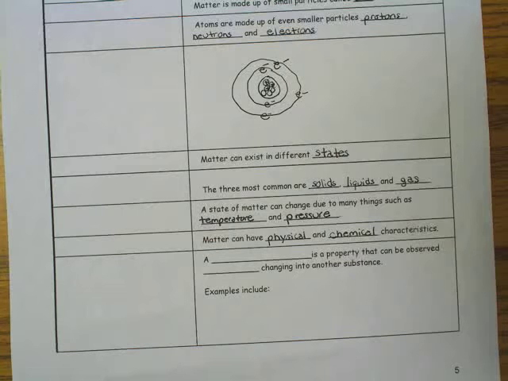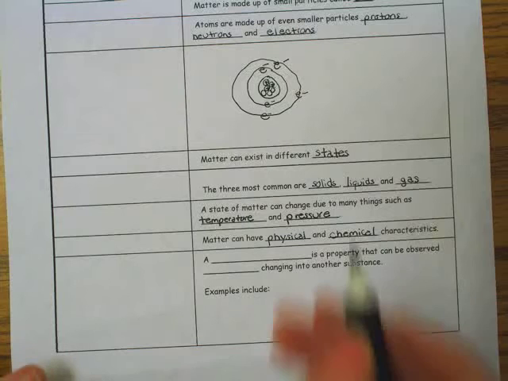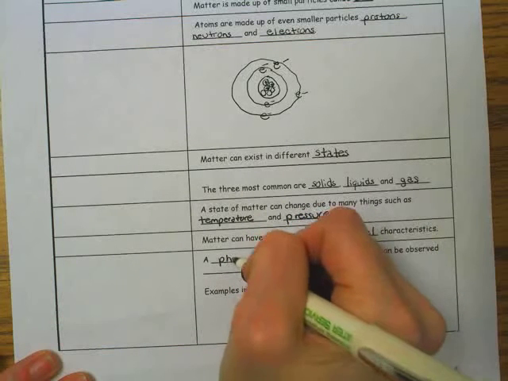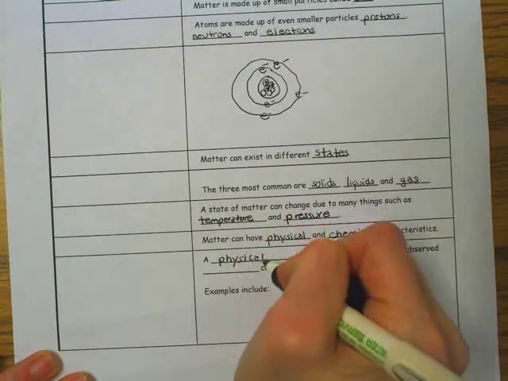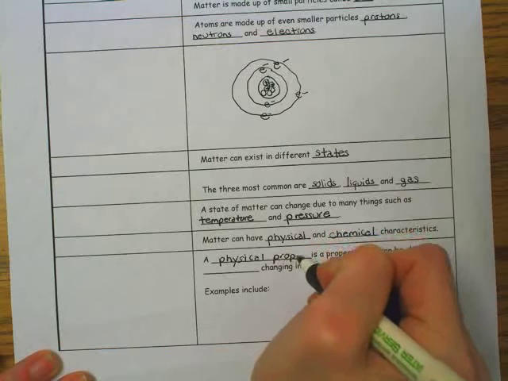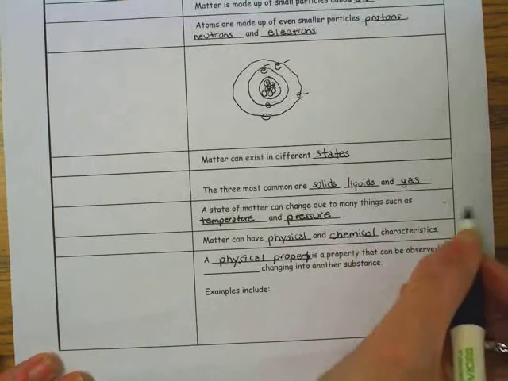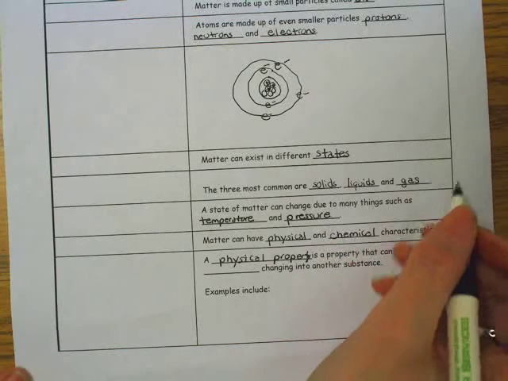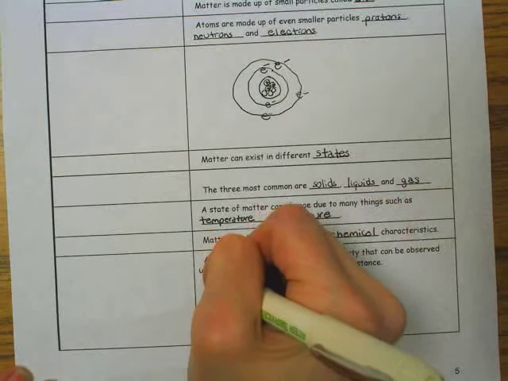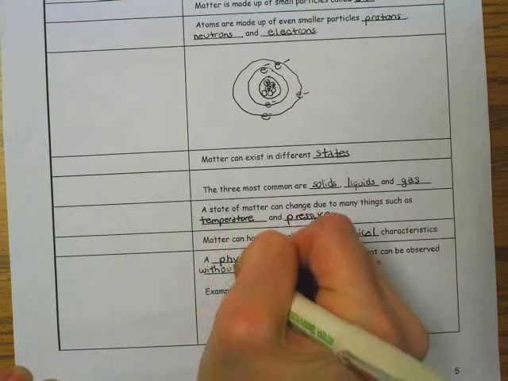So like I was saying, matter can have physical and chemical characteristics, and there's physical and chemical properties. A physical property is a property that can be observed without, again, that's without changing into another substance.